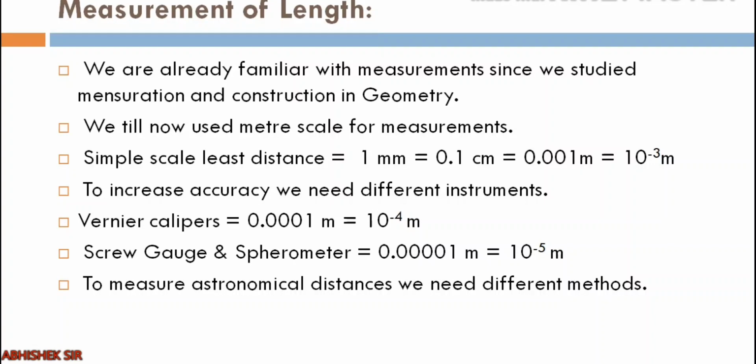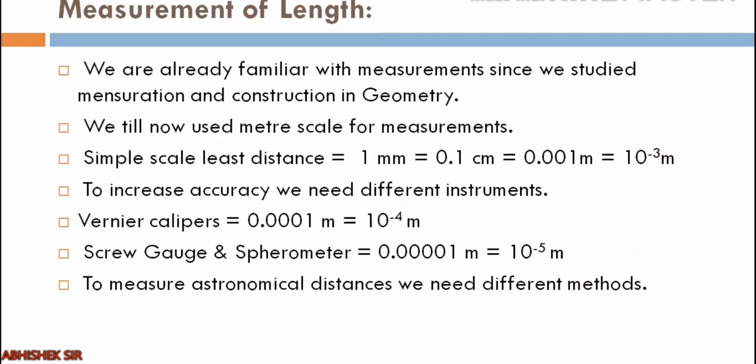Now, in physics, we will be increasing our scope of measurements. So we'll need some different specific instruments to increase the accuracy. In 11th standard, when you do practicals, you will come across a few special instruments which can measure more accurately, on a smaller scale, as compared to our simple scale.